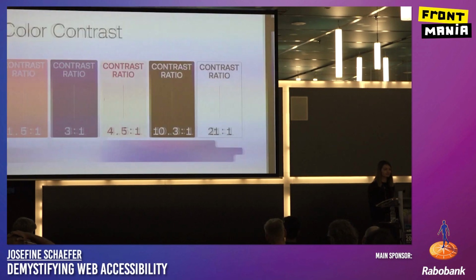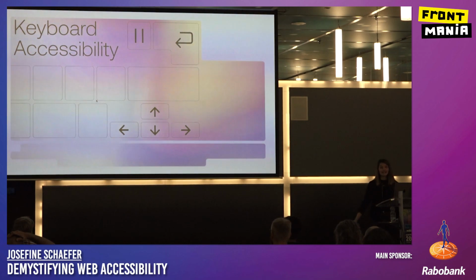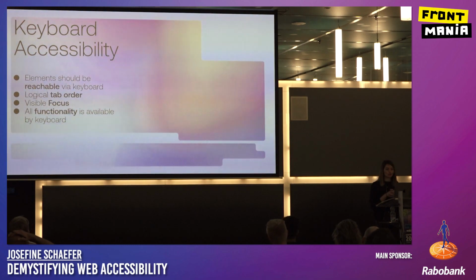Now, the last topic I want to cover is keyboard accessibility. So that means we want people to be able to navigate our page by different means, not only a trackpad or a mouse, but your keyboard as well. And so it should be possible to reach all the interactive elements with your tab key or your arrows.